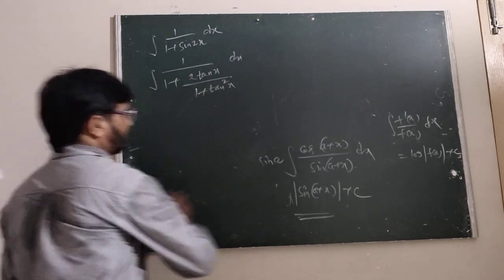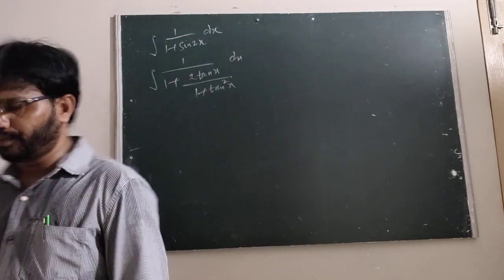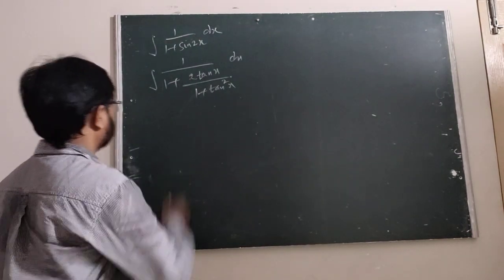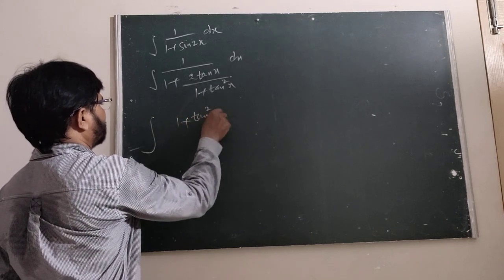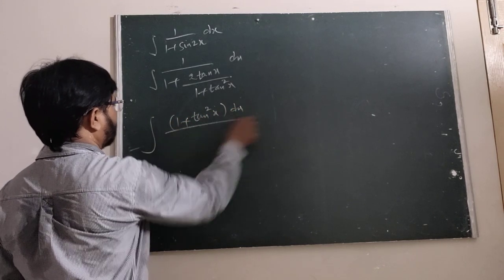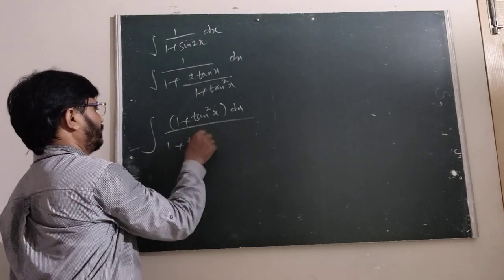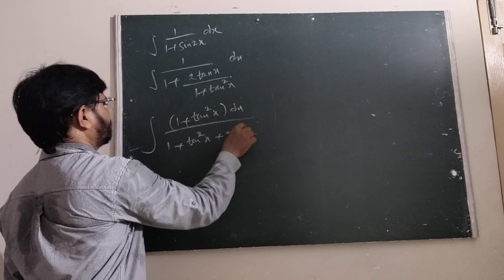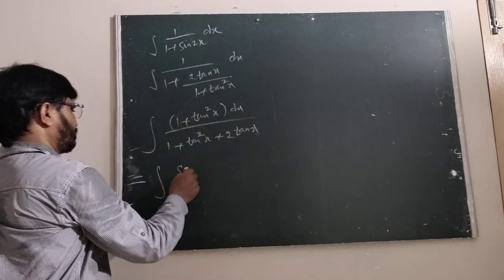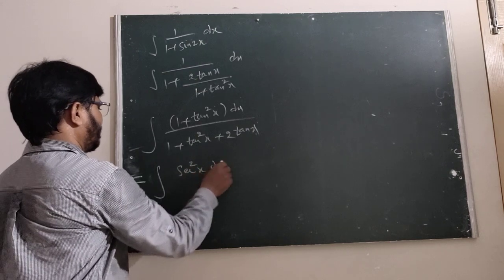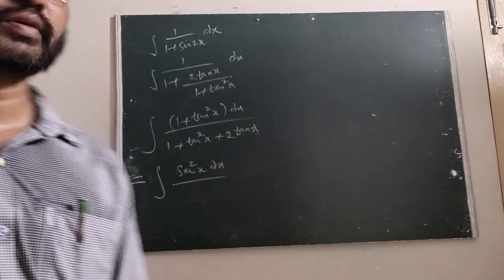Now 1 plus tan square x is sent to the numerator, so it is 1 plus tan square x into dx, multiplied with 1 plus tan square x plus 2 tan x. Now 1 plus tan square x is secant square x dx.